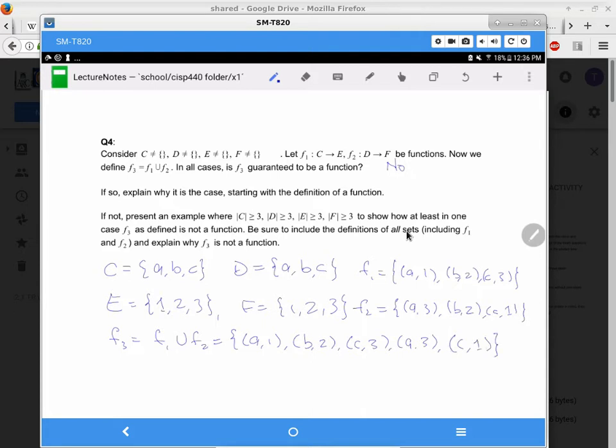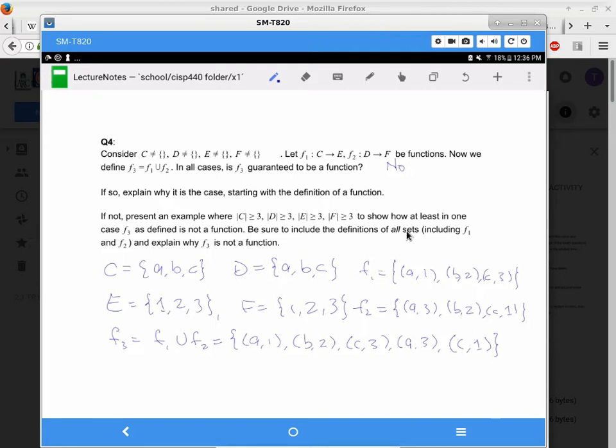So when you look at this F3 here, it is not a function. It is not a function regardless of what you consider as the domain or the codomain, because it is mapping A to two different things. It's also mapping C to two different things. So it doesn't even matter what you consider as the domain or the codomain. Okay?